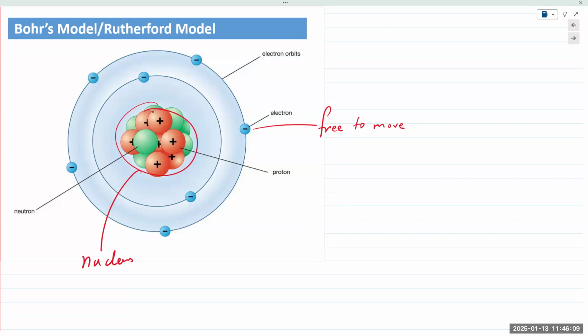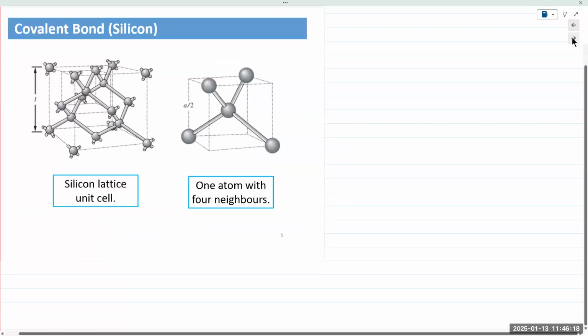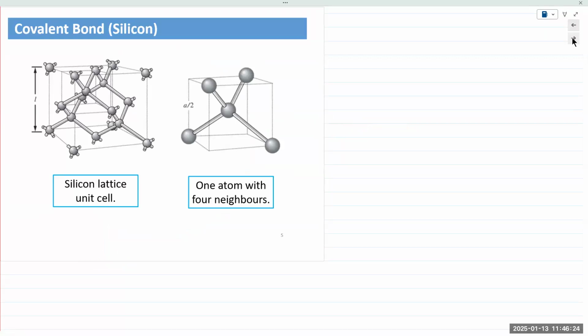And that is where our semiconductor electronics comes into the picture. If the electrons are free to move about, we can impart enough energy, or we can introduce enough free electrons in there to create extra charge carriers.